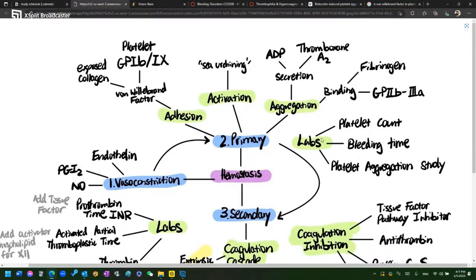Right, your GP2B with fibrinogen. But your aggregation. So it stands to reason that if you have Glanzmann thrombasthenia, right, you can't make friends. And these are all friend-promoting, like friendly chemicals, right?